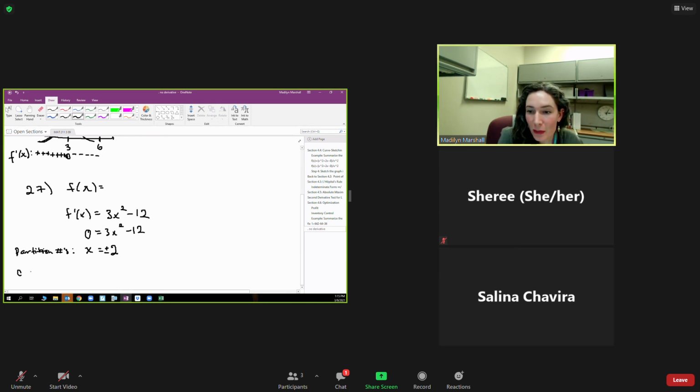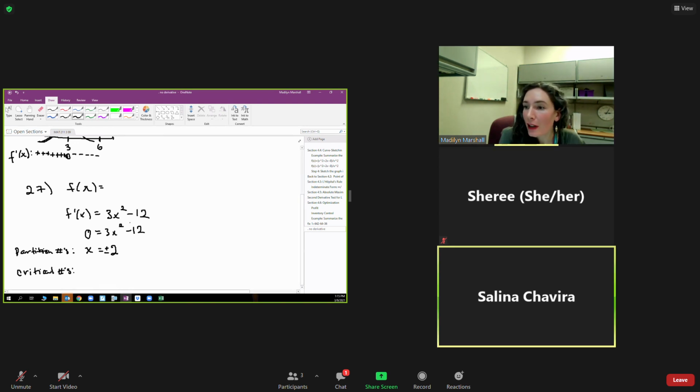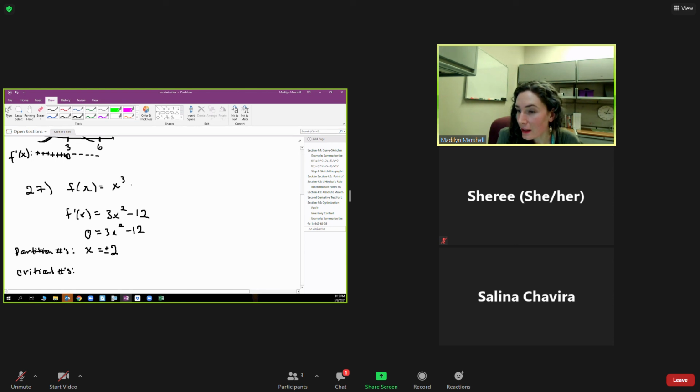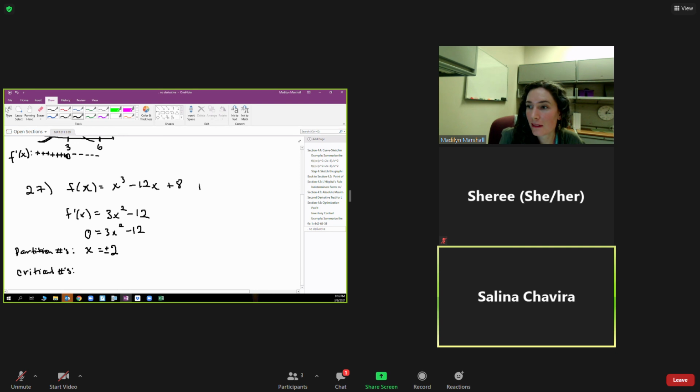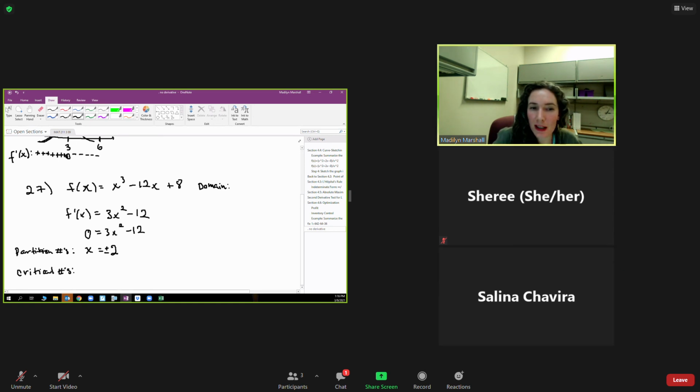Then the critical numbers are any partition numbers that are also in the domain of the original function. So our original function was this. So what is the domain of that function? I'm going to ask it in a different way.